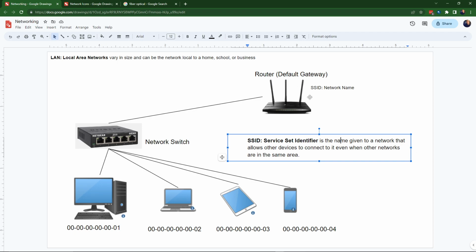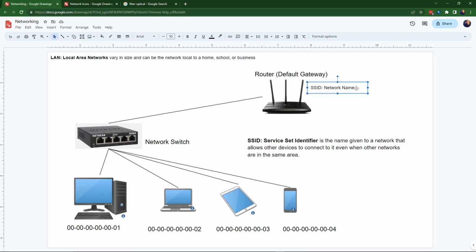And so this network could be called, I don't know, let's call it my Wi-Fi, something like that. So now the network's name is my Wi-Fi, and this phone, tablet, laptop, all of these can find my Wi-Fi and connect to it. And we can call our network whatever we want to. It doesn't really matter.